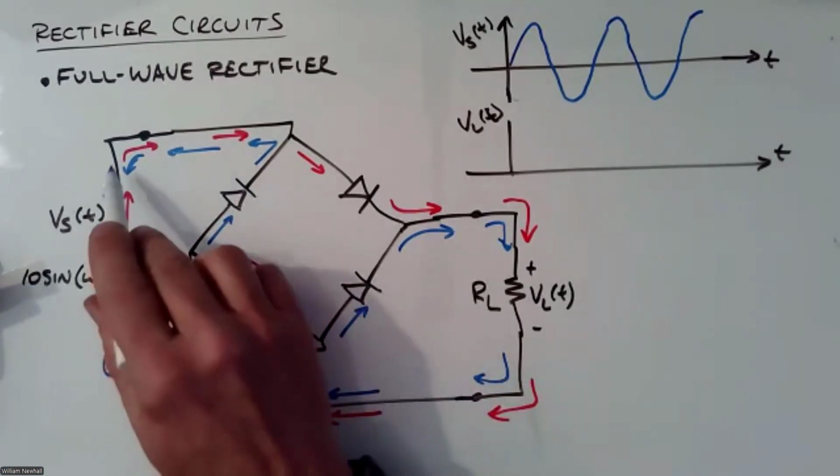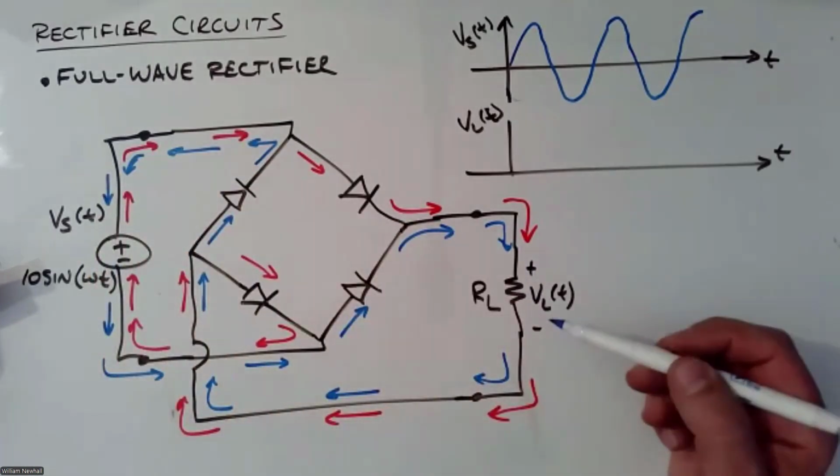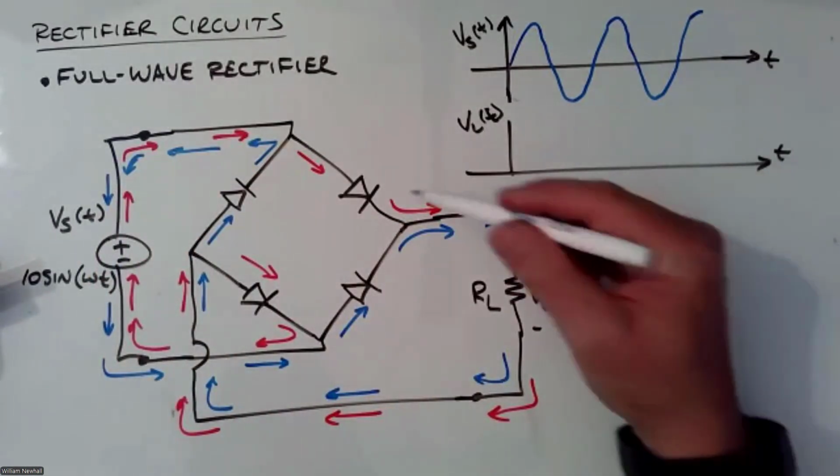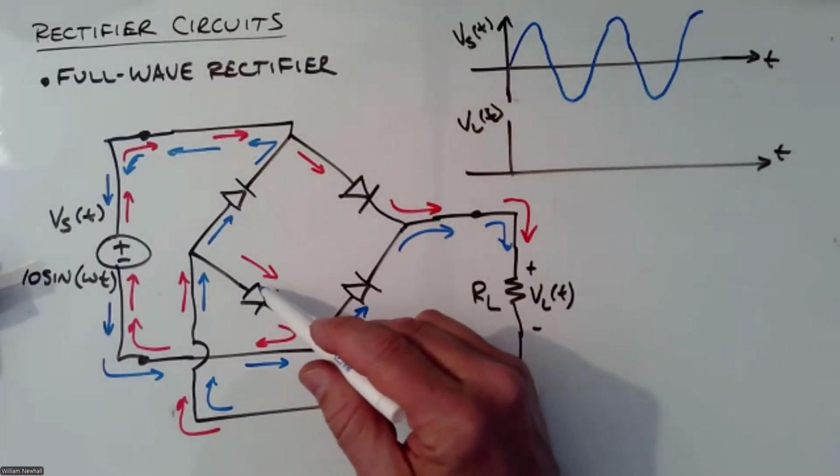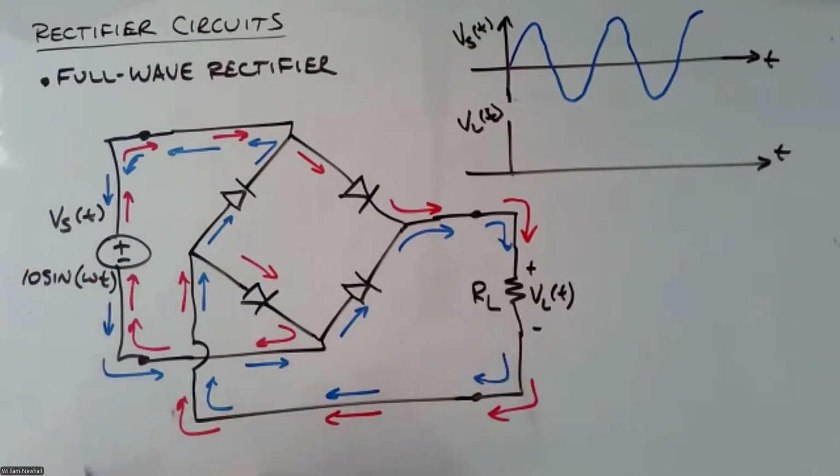Now, in the red direction, the positive direction, notice that the red current flows through two diodes, this diode and this diode. Each of those diodes, I didn't write it here, but let's assume they're silicon. So the diodes are silicon, and VF equals 0.7 volts.